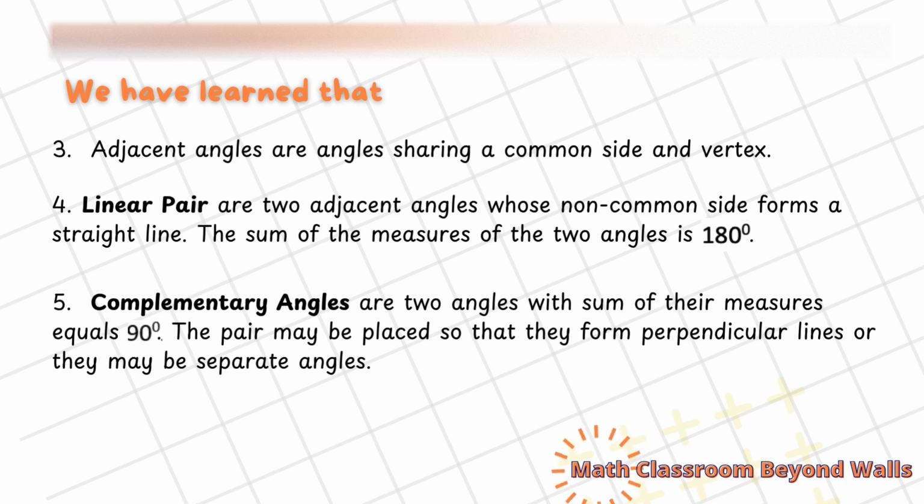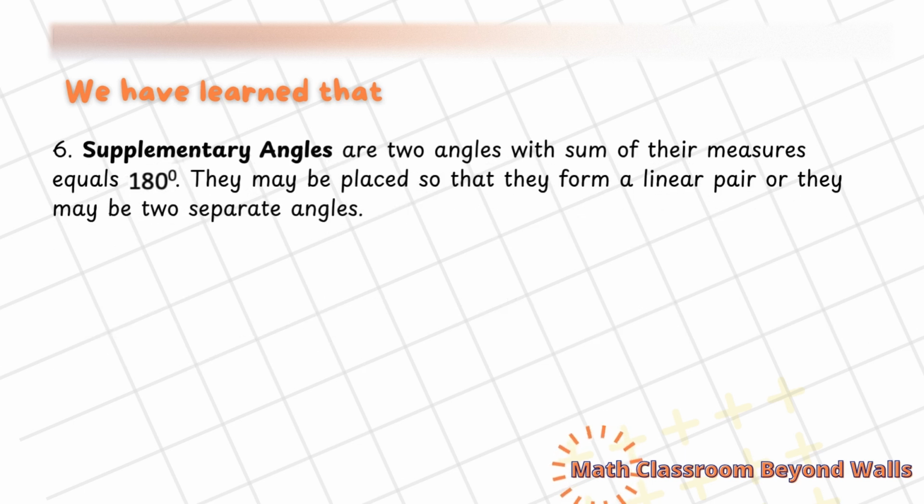The pair may be placed so that they form perpendicular lines, or they may be separate angles. Sixth, supplementary angles are two angles with sum of their measures equals 180 degrees. They may be placed so that they form a linear pair, or they may be two separate angles.